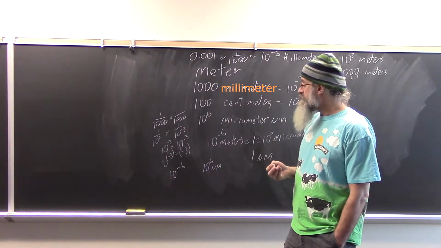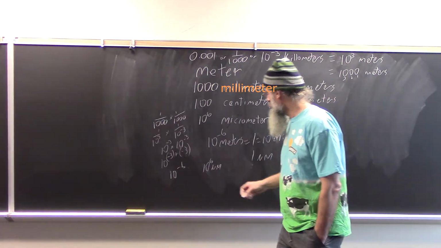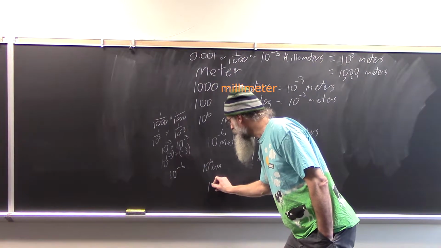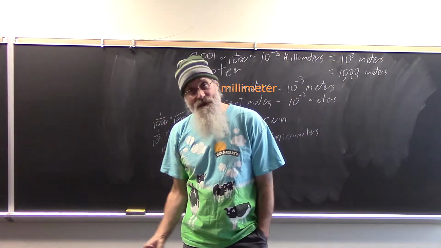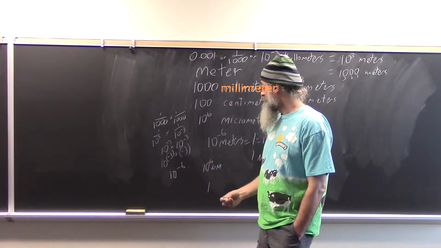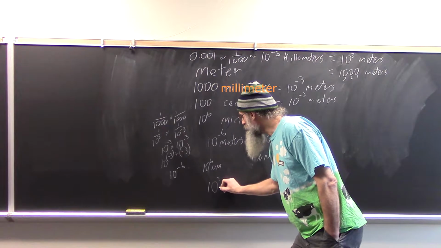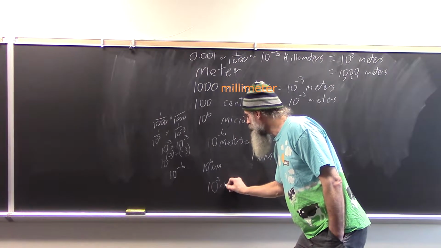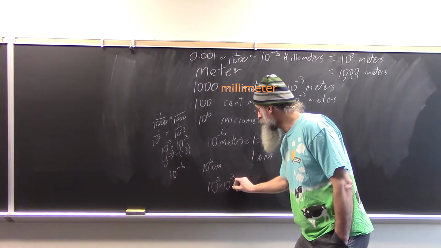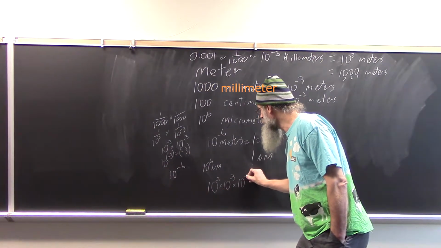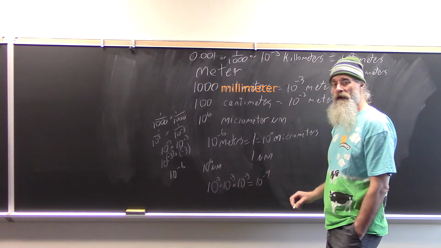We also have a measurement that is 1/1000th of a micrometer. So this would be 10 to the minus 3 times 10 to the minus 3. So that would be a micrometer times 10 to the minus 3 is equal to 10 to the minus 9.